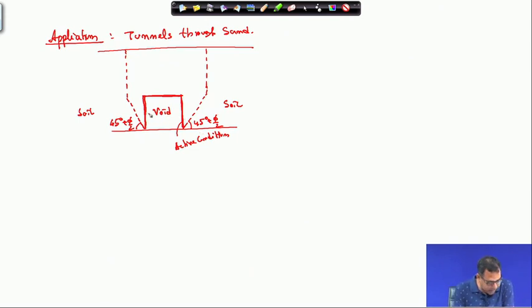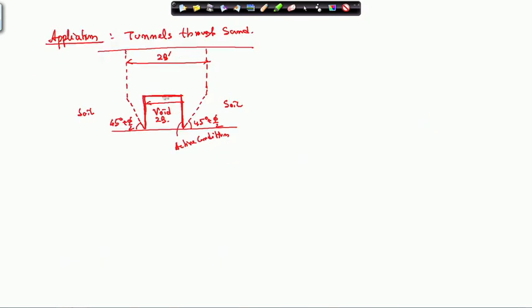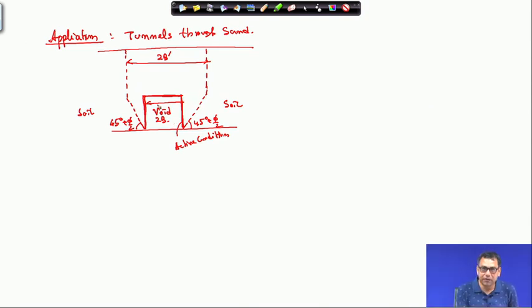I can write that if this is twice B, this one is 2B dash. I have derived the expression where this is twice B. Here this total portion of the soil is moving, because this wall is deformed and this soil is moved under active condition. As these two parts of soil have moved, this soil is in stationary condition.